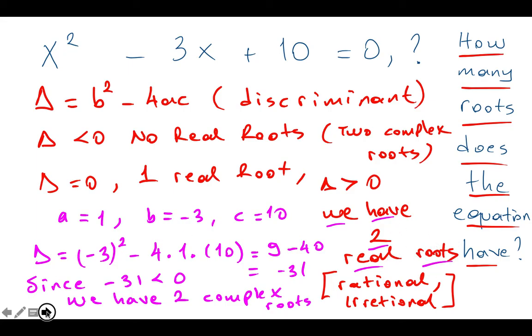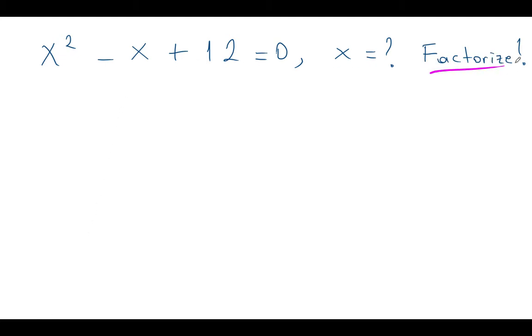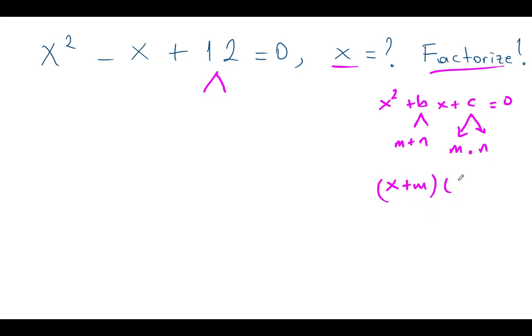Okay, let's go on. Other question. Find the solution by using factorization. So we know that whenever we have this form, x squared plus bx plus c equals 0, the coefficient of x squared is 1, we are finding two numbers in our mind, m times n, which is equal to c, and these two numbers must satisfy m plus n equal to b, and then if these are satisfied, we say that (x plus m) times (x plus n) equals 0.